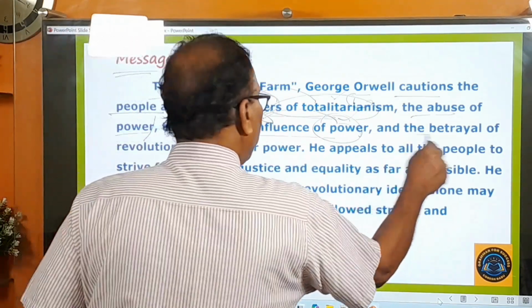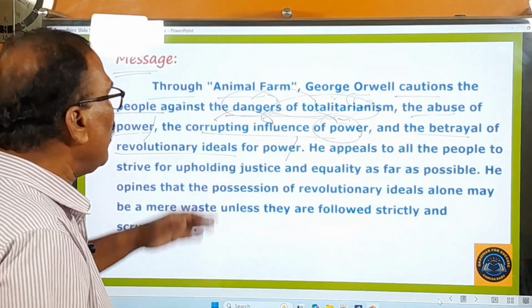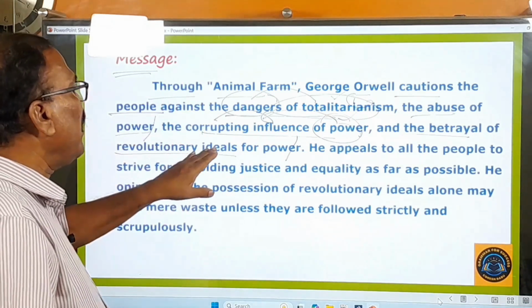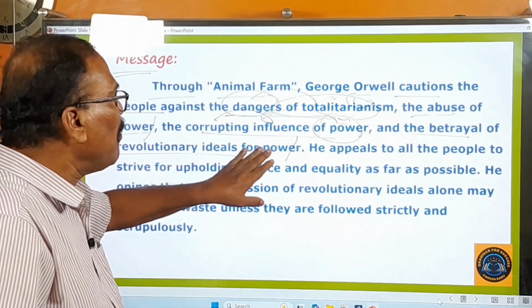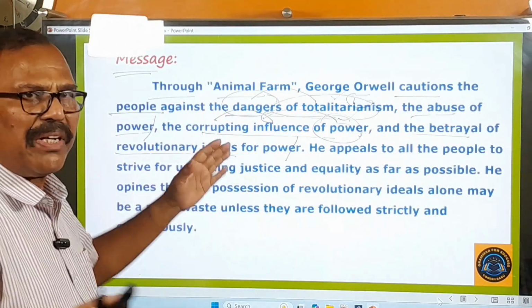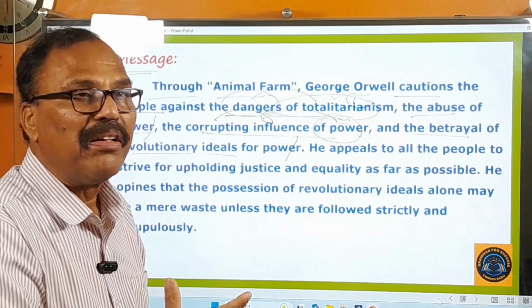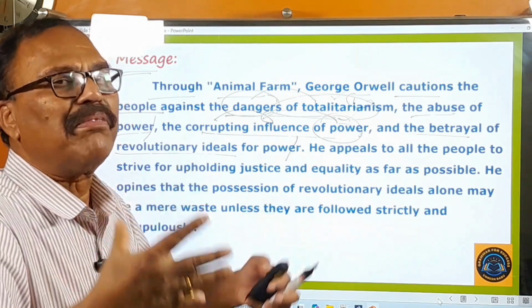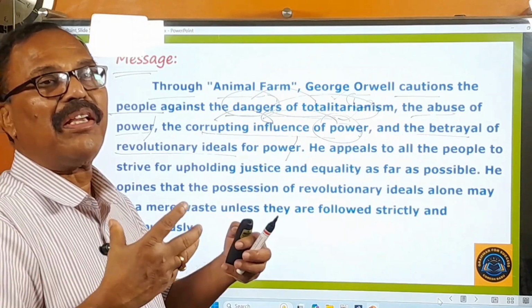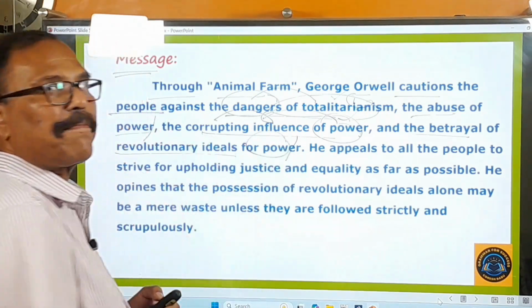And next, the betrayal of revolutionary ideals for power. Here he is also warning the people against the betrayal of revolutionary ideals for power. For political power, nobody should betray his revolutionary ideals. But nowadays, most people are betraying, giving up their revolutionary ideas and thoughts just for the sake of political power.